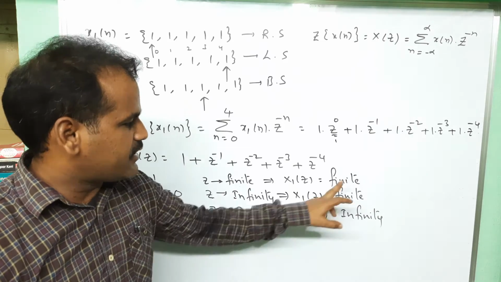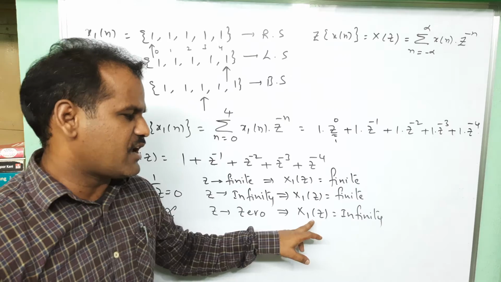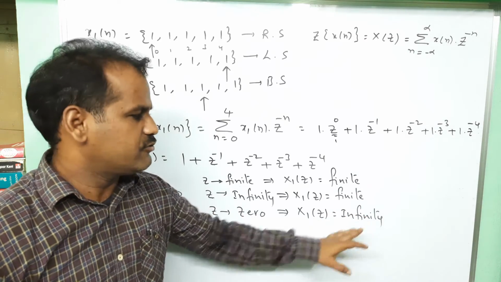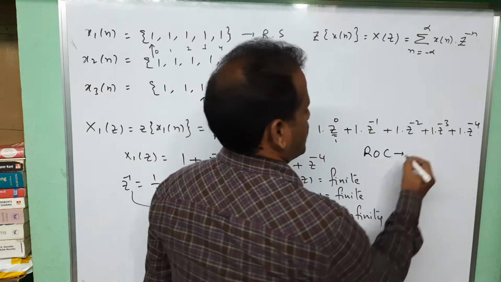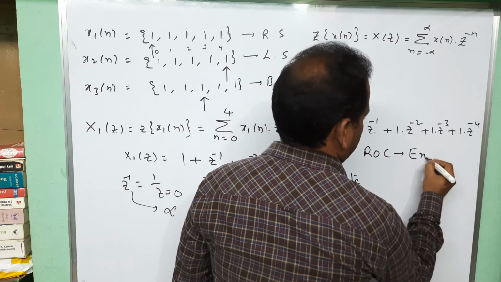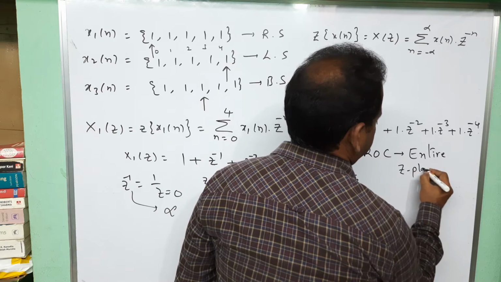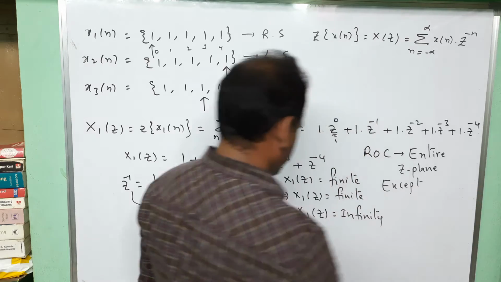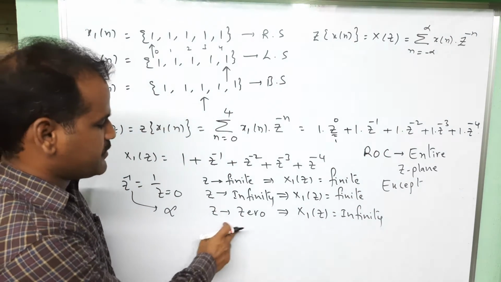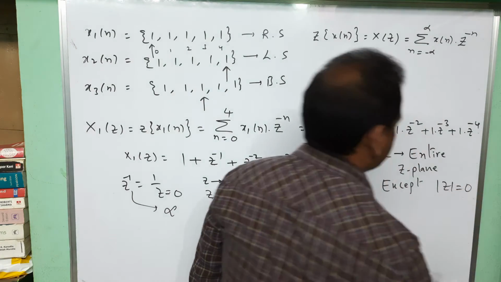Here for these two cases it is converging, but for this case x1 of z is not converging. So the ROC is all values of z, that is the entire z plane, except mod z equal to 0.